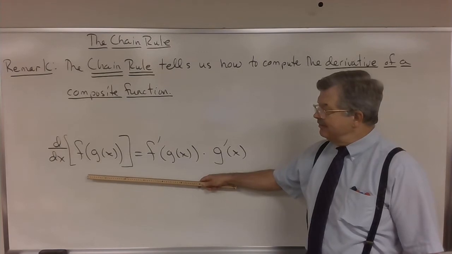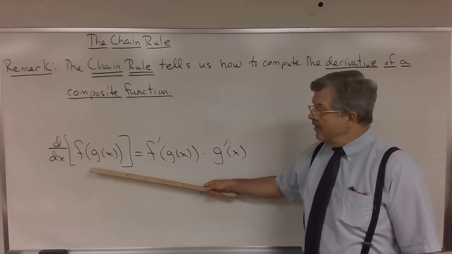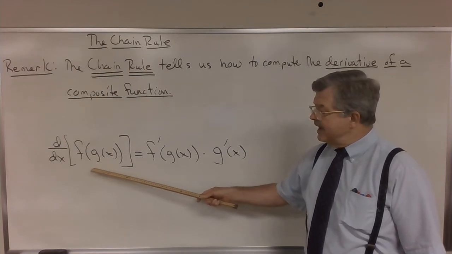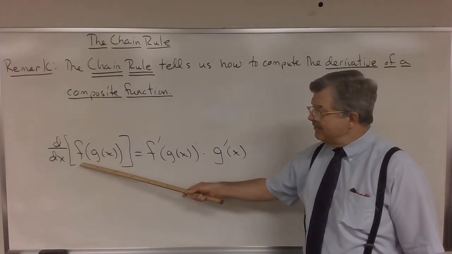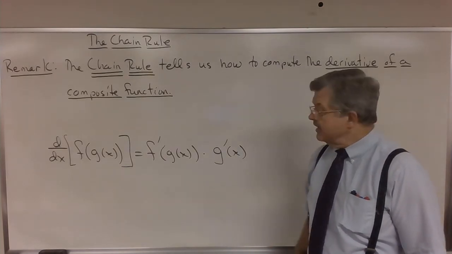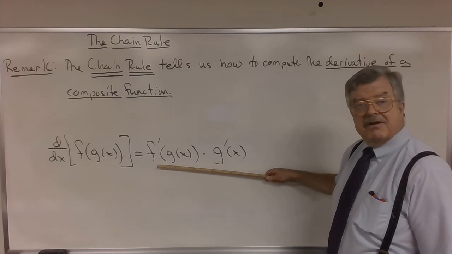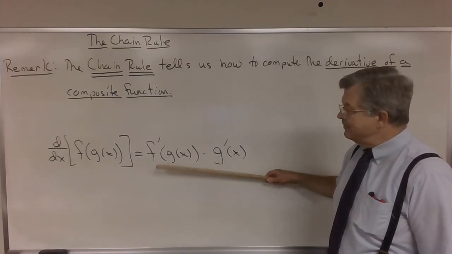And here's what the derivative of a composite function looks like. Over here we have the composite function. We have f evaluated at g of x. And this is what the derivative of that composite function looks like.